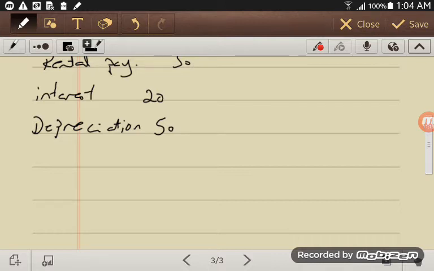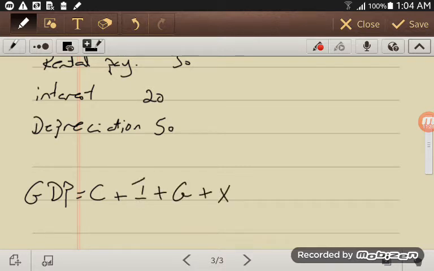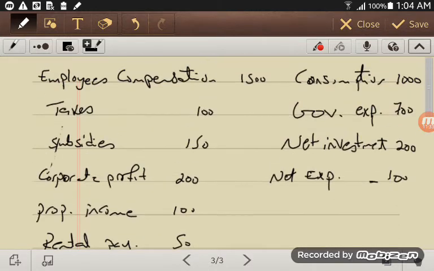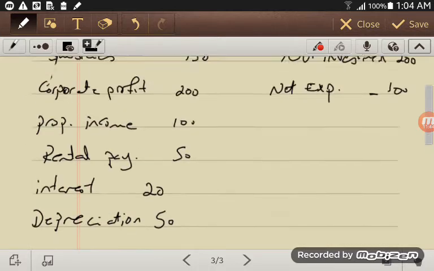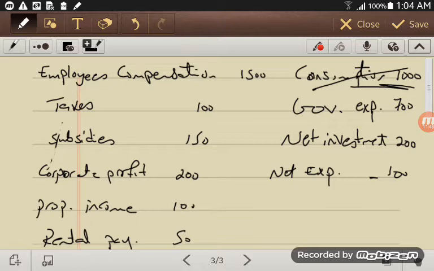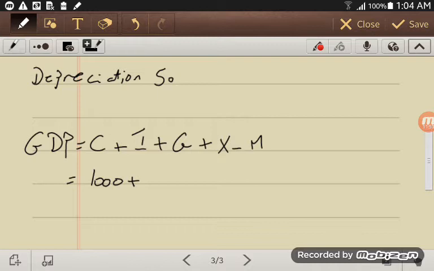As we said, according to expenditure approach, GDP is calculated as C plus I plus G plus X minus M. Consumption is 1,000 plus I. This is net investment, but we would like to find gross investment.